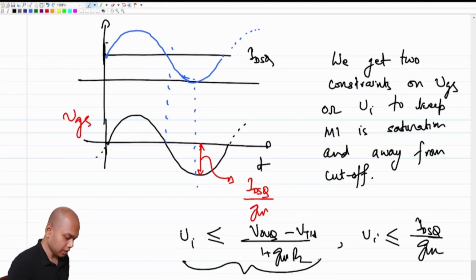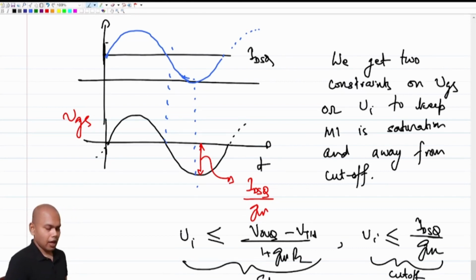So this is the saturation constraint, this is the cutoff constraint, right? And the values that you get by analyzing these two constraints need not necessarily be the same.